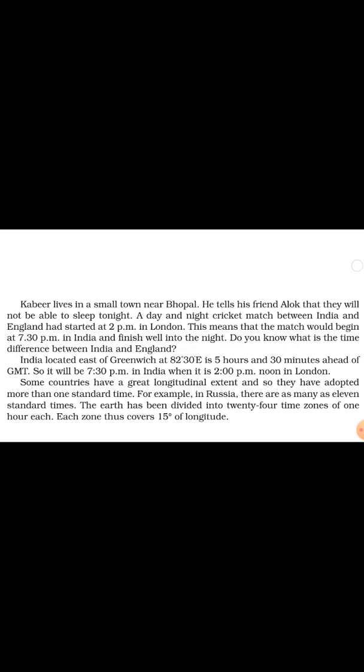Okay, so this means that the match will start at 7:30 p.m. in India. Why do you think so? Because India's time is 5.5 hours ahead of Greenwich, England's time.